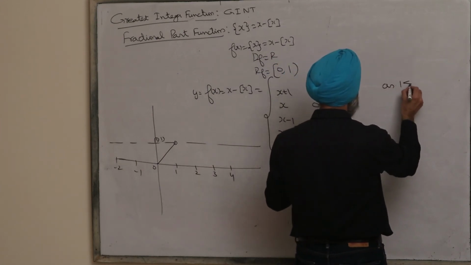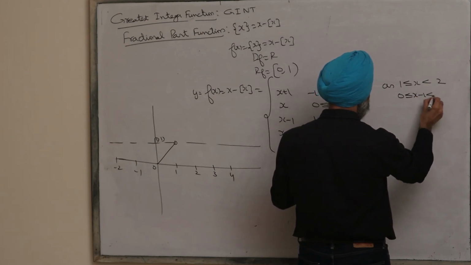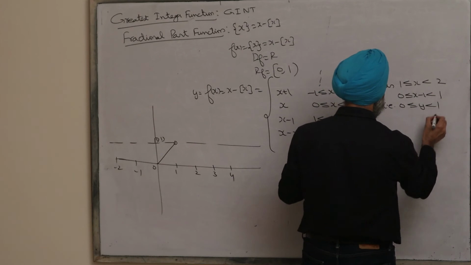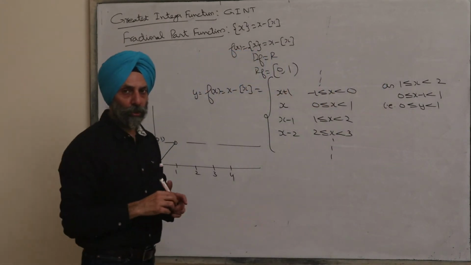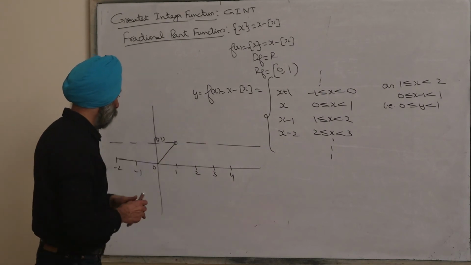As x belongs to 1 to 2, x minus 1 will belong to 0 to 1, that is y will belong to 0 to 1, which clearly shows that range of this function is from 0 to 1.